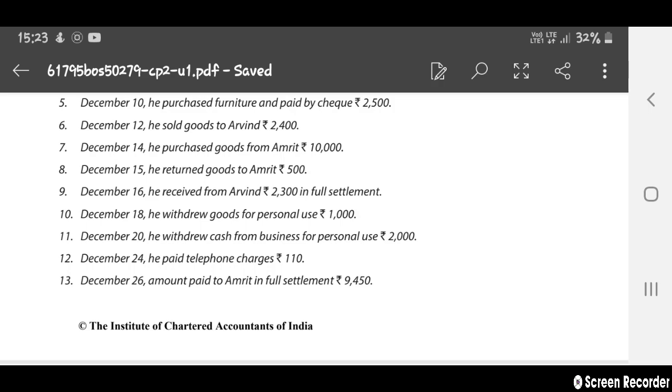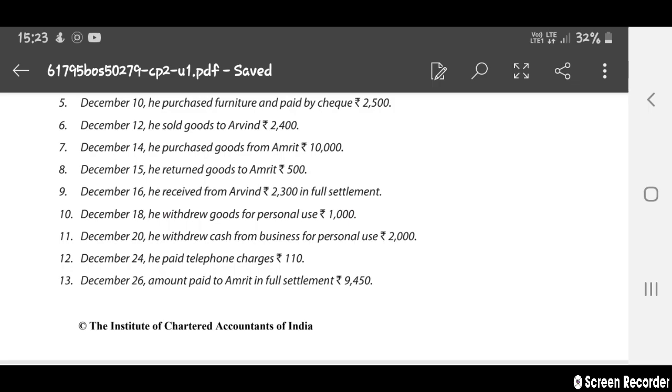Then on December 18, he withdrew goods for personal use, rupees 1000. On December 20, he withdrew cash from the business for personal use, that is rupees 2000. On December 24, he paid telephone charges, rupees 110.